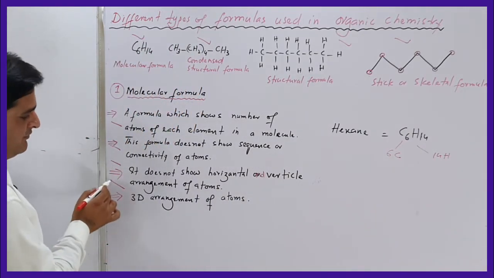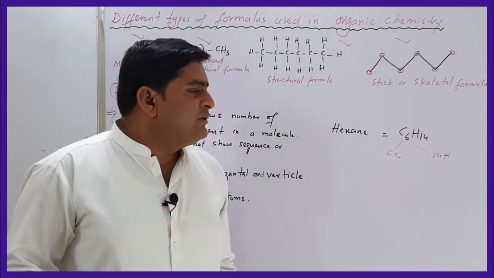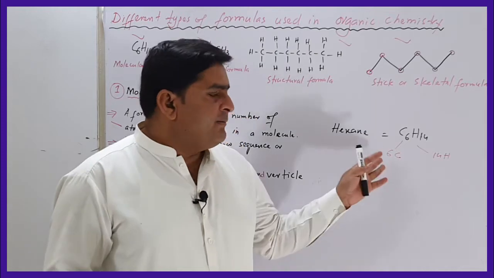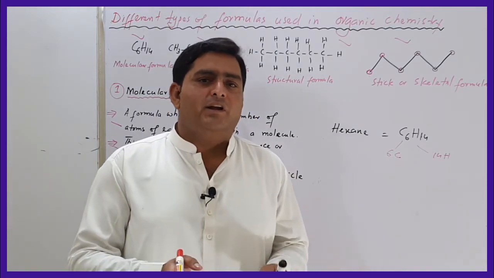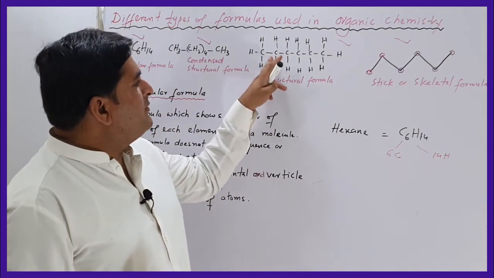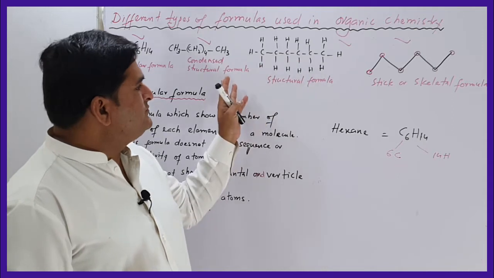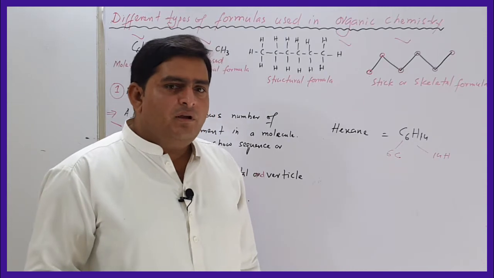Third, the three-dimensional arrangement of atoms. This formula does not show how carbon and hydrogen are bonded with each other or how they are arranged three-dimensionally in space. The three-dimensional formula shows the three-dimensional arrangement of carbon and hydrogen. Each carbon has 109 degree angles to the hydrogens and other carbon.